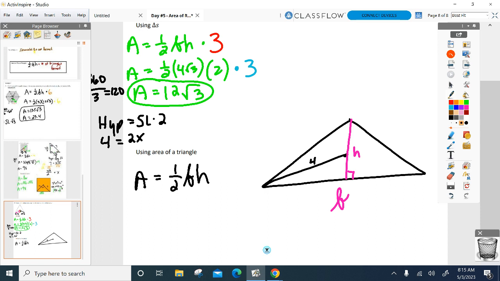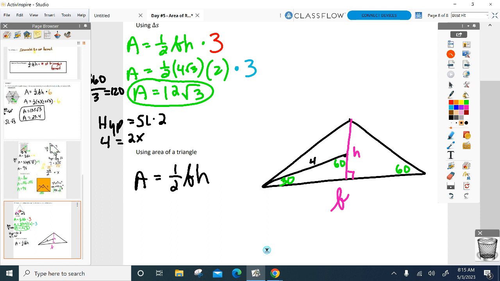Can anybody help me find this angle? What's this angle going to be here, if it's equilateral? 60, right? 60 over here, 60 over here. Cuts it in half, 30.